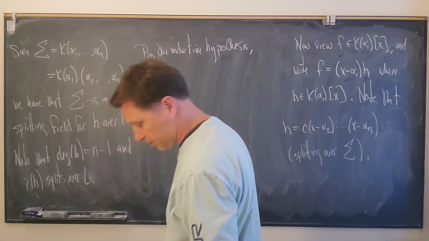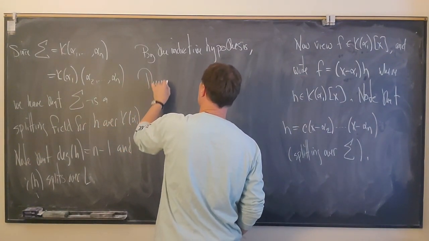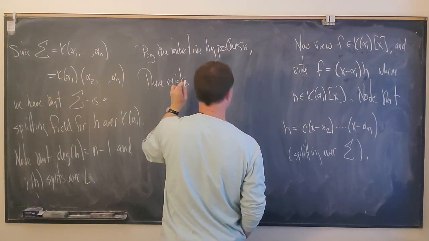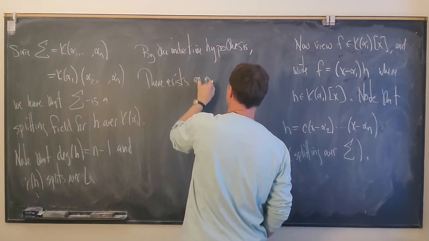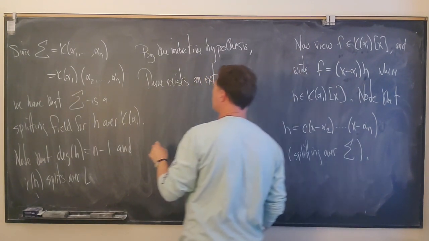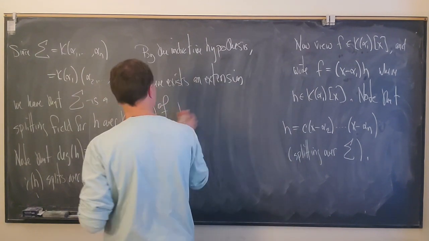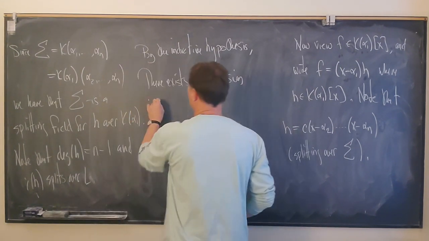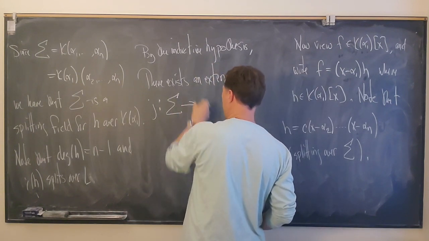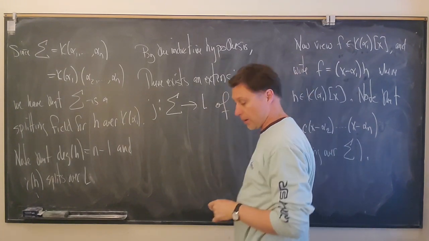There exists an extension J from sigma to L, which is an extension of that mapping J1.